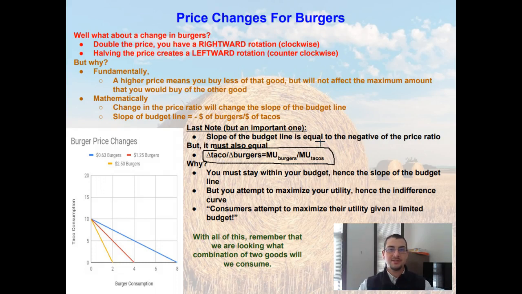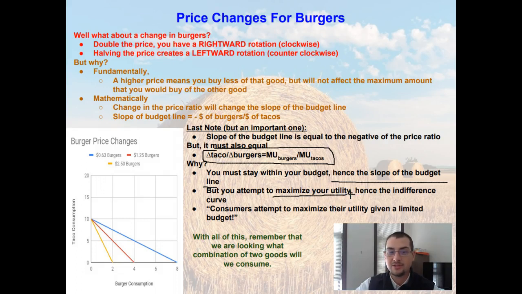But why is this the case? Well, if you think about it, you must stay within your budget, hence the slope of the budget line. You can never exceed that budget. The amount of income or the amount of total expenditures cannot exceed that budget line. So you're working off of that budget line. But at the same time, you're attempting to maximize your utility, your satisfaction.